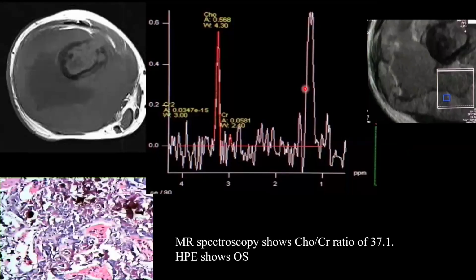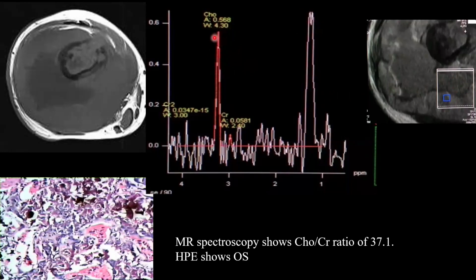In the same patient, this is the axial T1 and this is the placement of the voxel. Here we are putting the voxel in the peripheral solid-looking area. This is a large peak commonly seen in MSK tumors. When you do spectroscopy in an MSK tumor, we always get contamination from fat. Definitely we get the fat peak from the contamination, and at 3 parts per million we are getting the choline level.